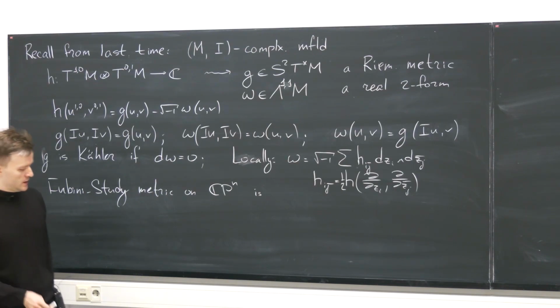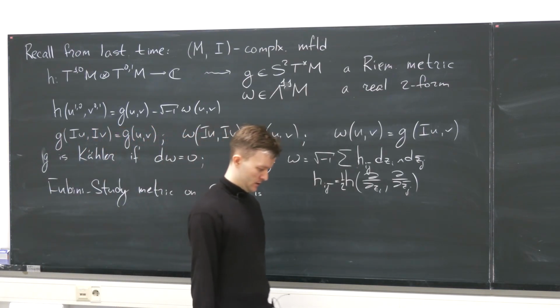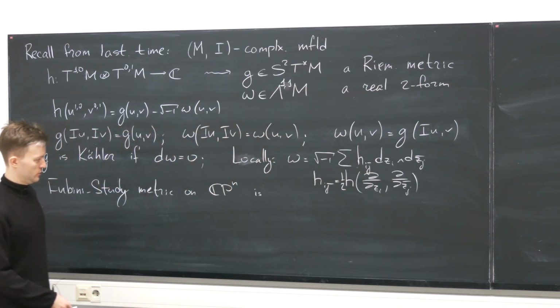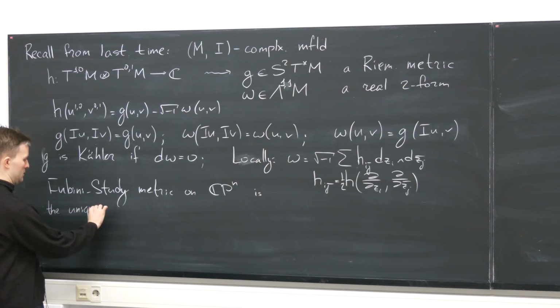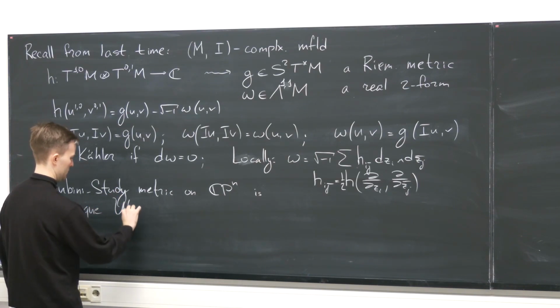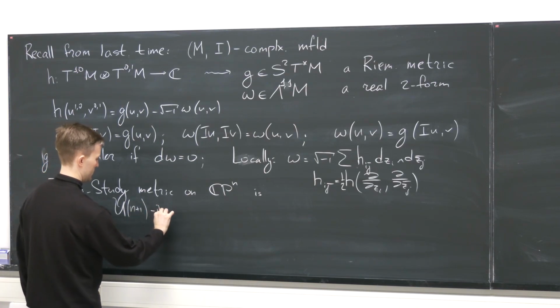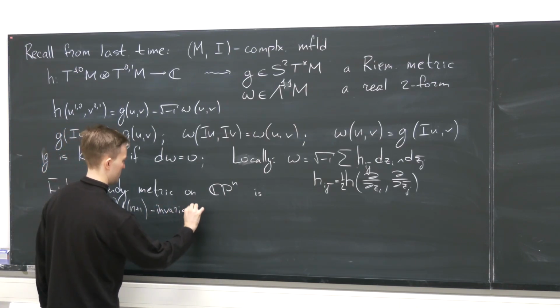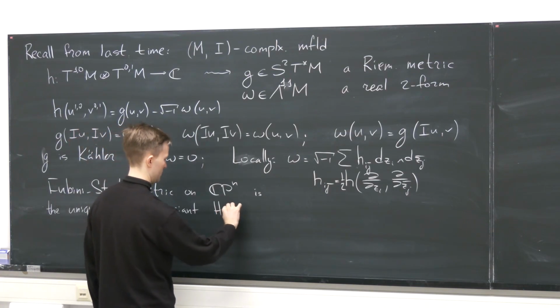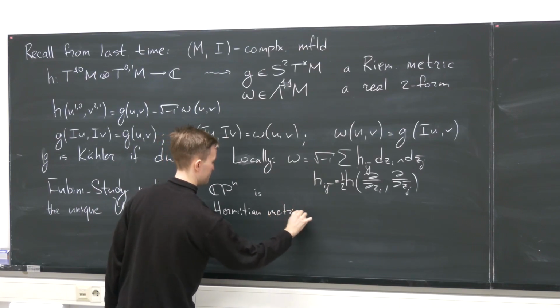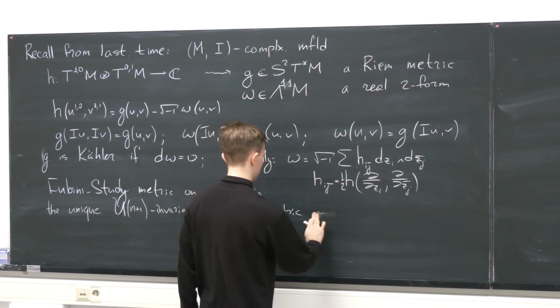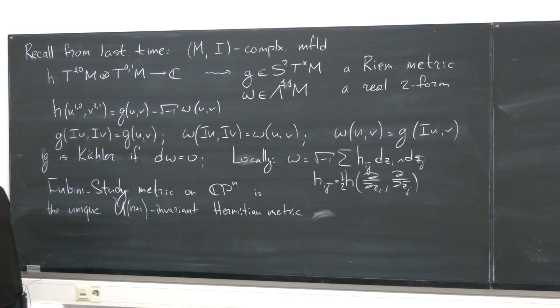It also acts on CP^n, and then the metric is uniquely associated to this action. And we have seen that it is automatically Kähler.